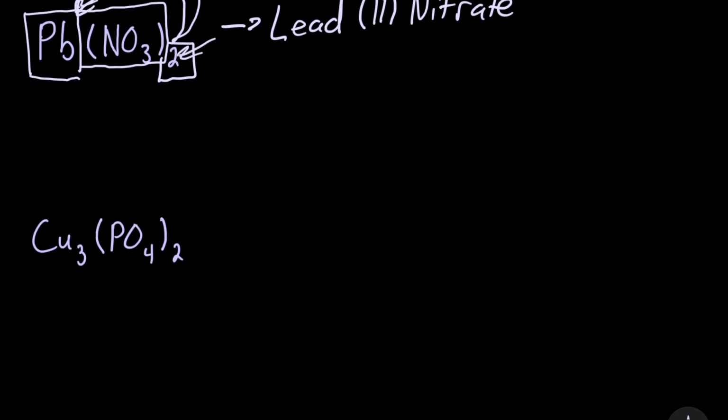So we have Cu3(PO4)2. Let's take a look at the ions that make up this compound. We have copper, Cu, and we also have PO4, which is phosphate.